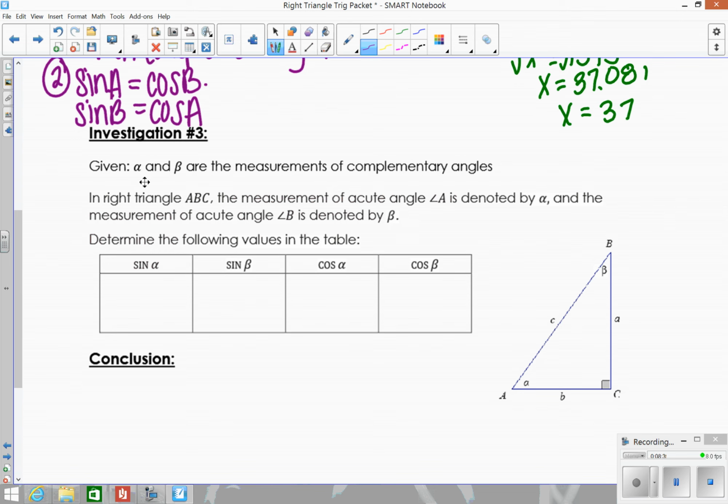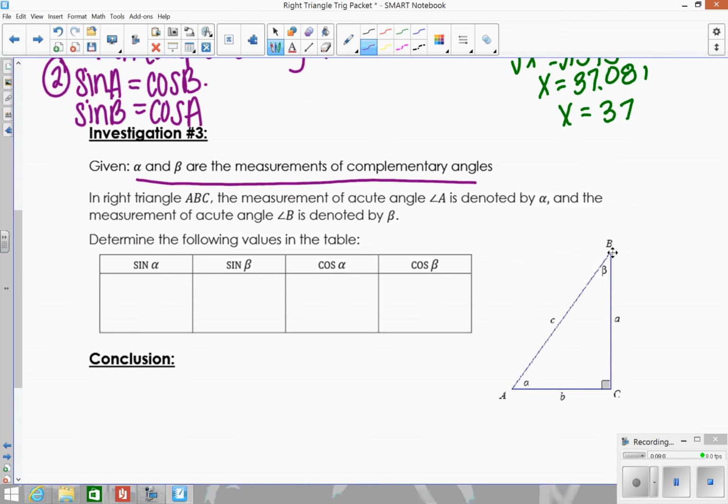First thing it tells us is that we're given that these angles, alpha and beta, are just Greek symbols, nothing special. Angle A is going to be represented by alpha, angle B is going to be represented by beta. And these are the measurements of complementary angles. So that's telling us that angle A and angle B have to add up to 90.